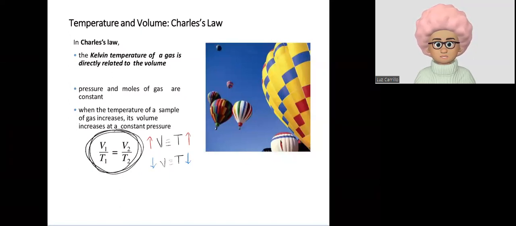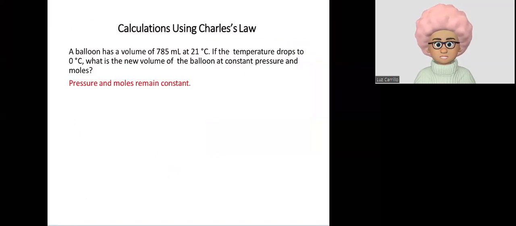Now, let's do a practice problem to understand in more detail Charles' law. When it comes to Charles' law, we have the following problem. It states a balloon has a volume of 785 milliliters at 21 degrees Celsius. If the temperature drops to 0 degrees Celsius, what is the new volume of the balloon at constant pressure and number of moles? Let's first write down the numbers or measurements, in other words, that have been given to us in this problem.